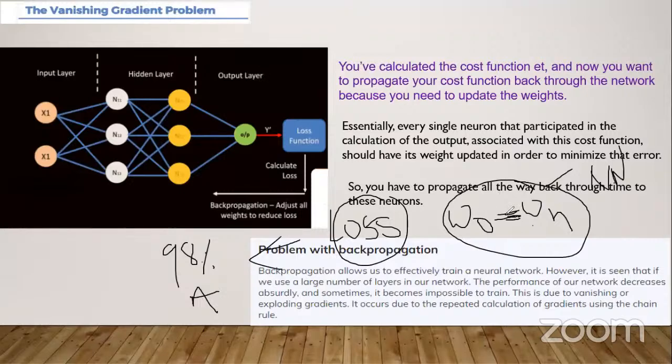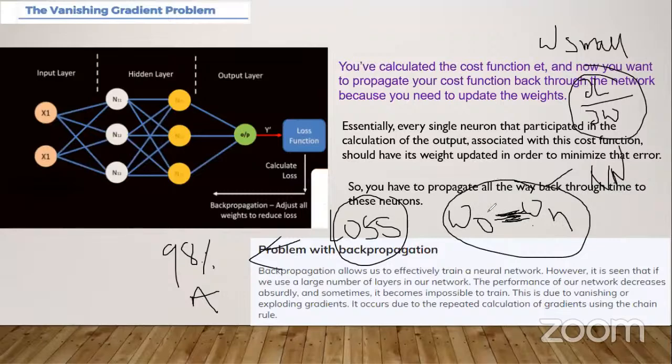Vanishing gradient happens when the derivative I have to track, the weight derivative, becomes very small. The derivative of the loss with respect to the weight becomes very small, so the old weight and new weight hardly change.